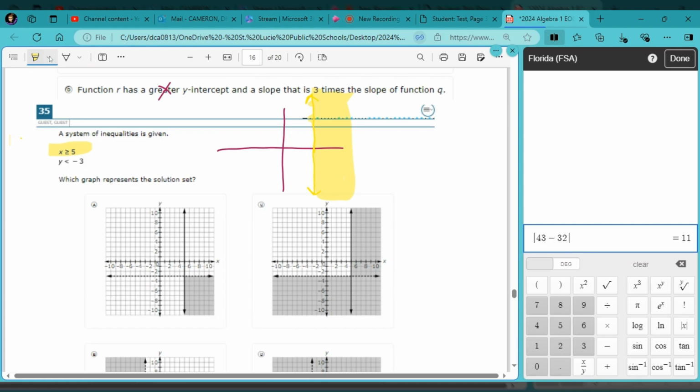Then I'm going to make the next one blue, and I'll make the line blue. Y is less than -3. Where's y is -3? It's about down here. We don't have the or equal to, so it gets a dotted line. And y is less than, so we shade below.